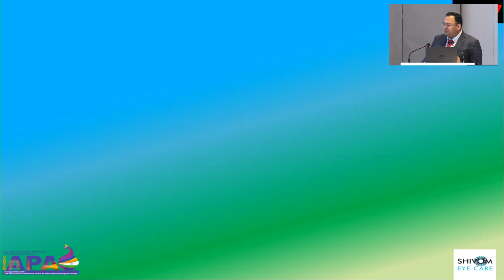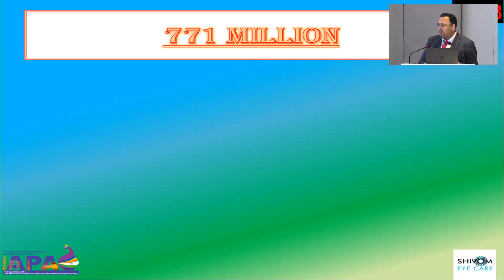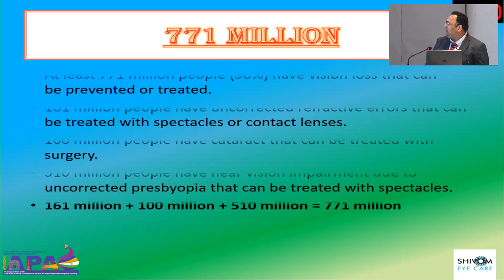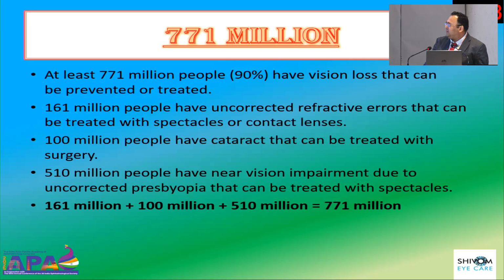Most of the vision loss and blindness that we have, and the refractive errors that we have, the number is humongous. As private practitioners, we also have to think that each one can do something. Each ophthalmologist has the potential to take care of so many people. At least 90% of the vision loss can be prevented or treated.